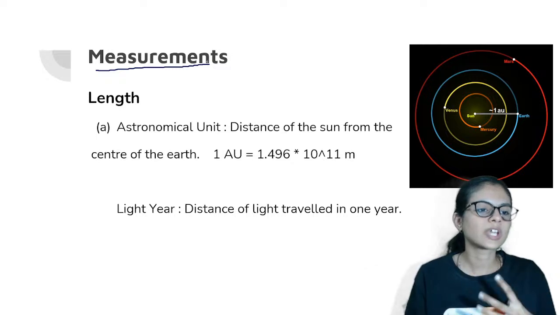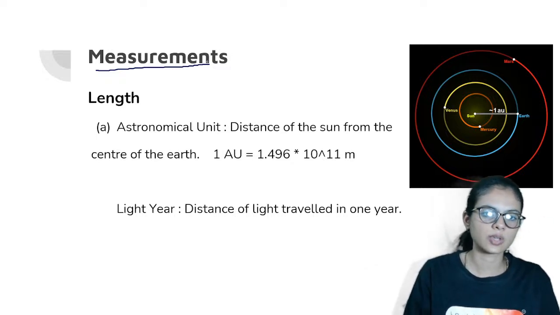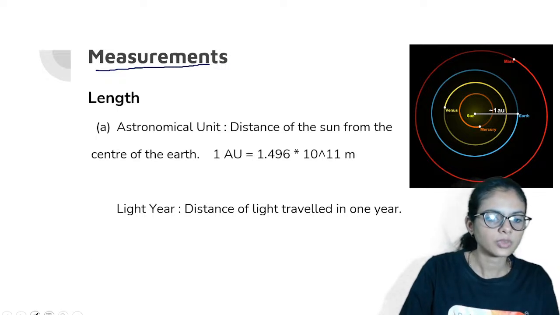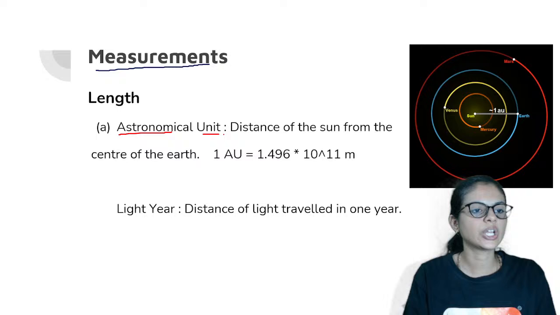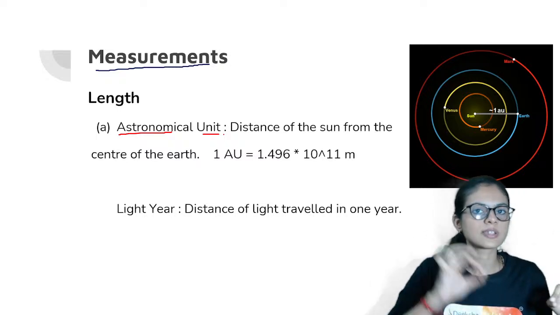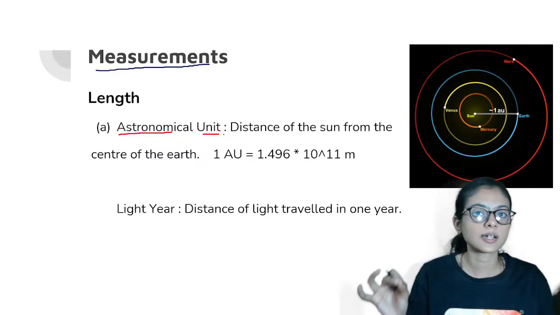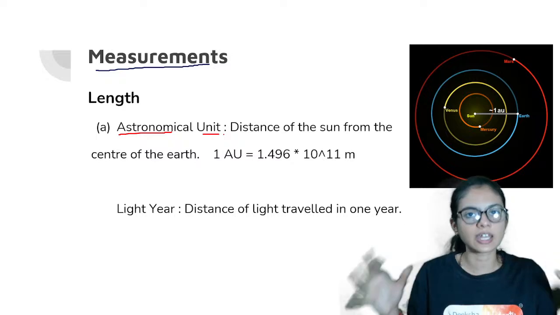Okay, so you can consider an astronomical unit, which is given on your screen. You can just refer here. Okay, so what is an astronomical unit? Let me just underline here. The distance from the sun to the center of the earth is called the astronomical unit, and it's not a small number, it is very big.